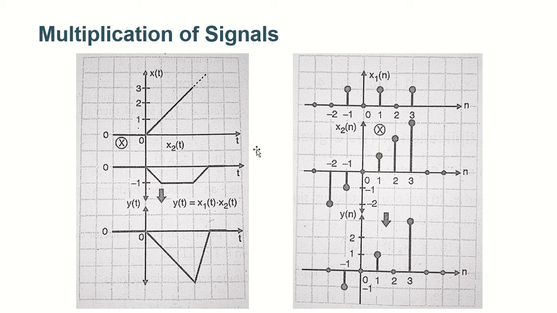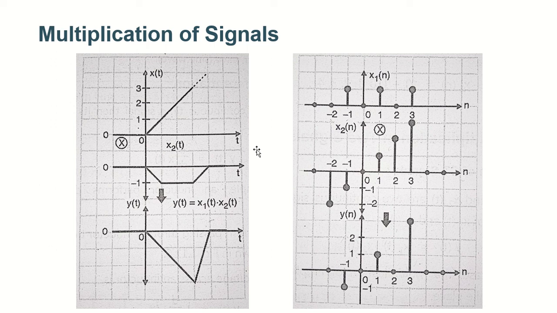So if we multiply the ramp signal with the unit step signal, we will get the ramp signal back. If we do that, we would not be able to grasp the concept. So to grasp the concept, we have changed the signal a little bit. So let's see what happens here.